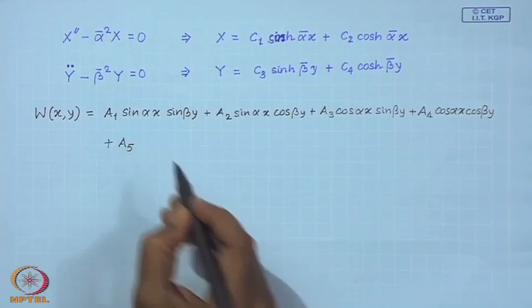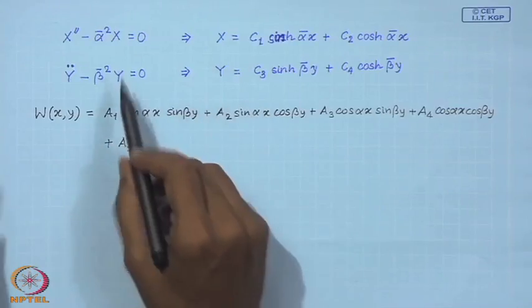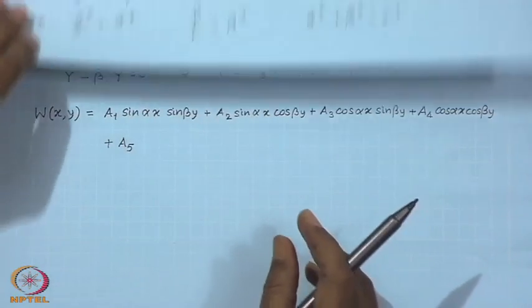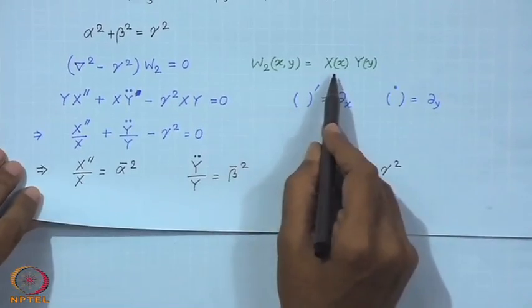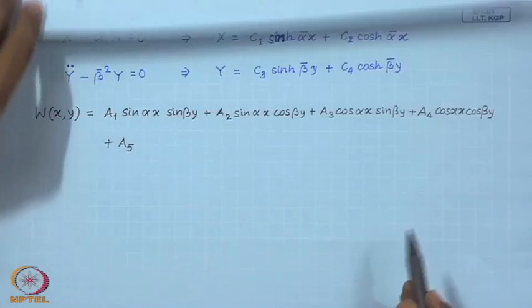Now, you see, so the actual solution of this W 2, so W 2 is x multiplied by y.